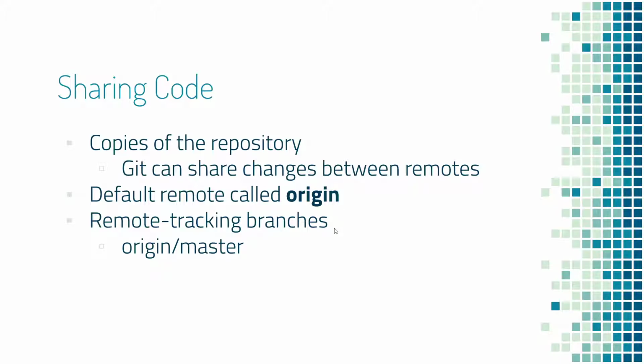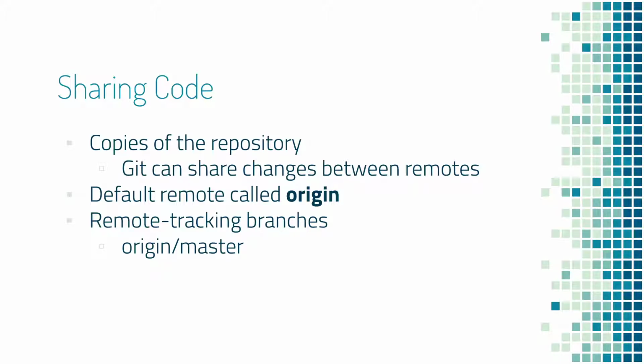and the way that Git communicates with a remote is through these things called remote tracking branches, right? So you have a branch on your local machine called master. That same master branch will, of course, be in the remote copy, but Git needs to know kind of where the remote branch is relative to your branch.